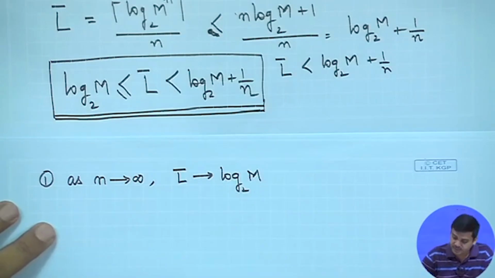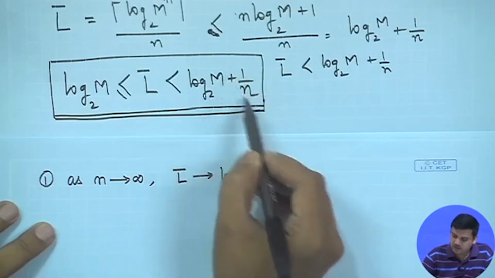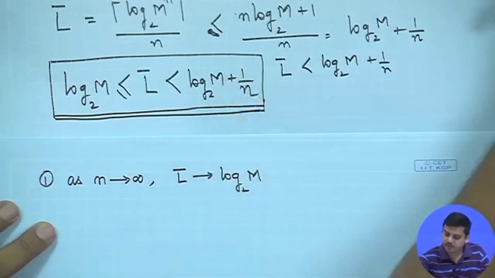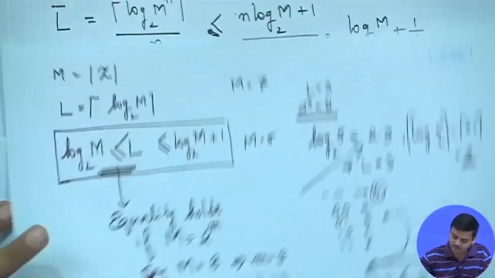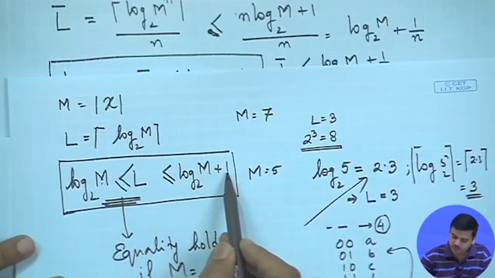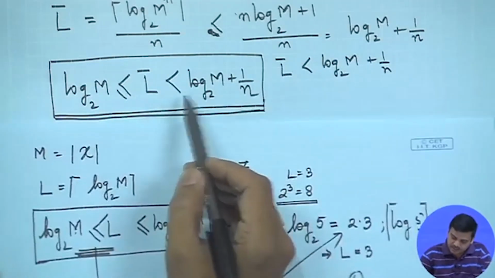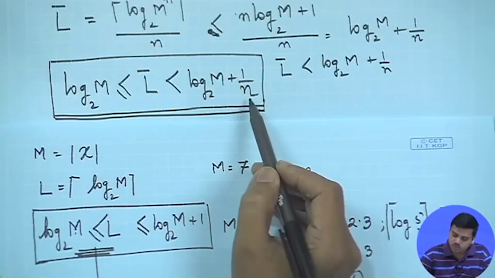This is very, very interesting. So, if I make n very, very large, I can make this loss negligible. If we compare this to the earlier result, that L is less than or equal to log base 2 of m plus 1, but here what we have is that this is less than log base 2 of m plus 1 over n.